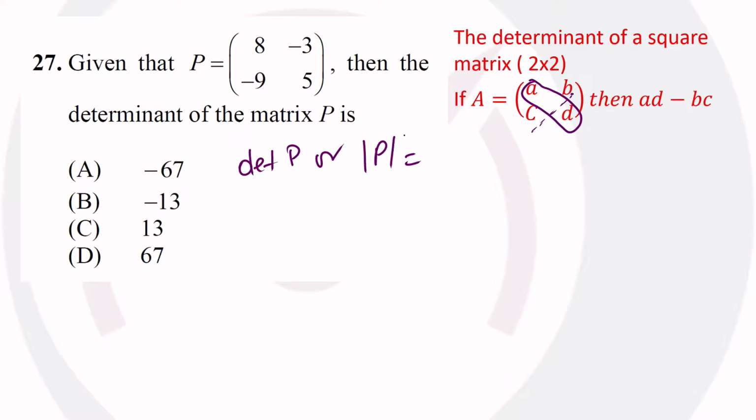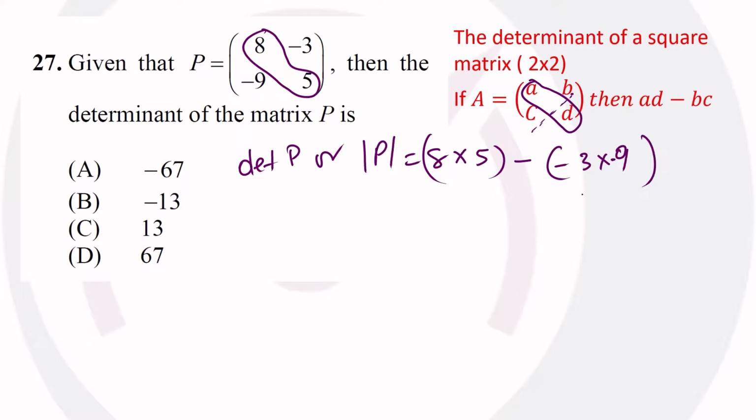Alright? So the product of our leading diagonal is 8 times 5 minus the product of the minor diagonal, which is going to be negative 3 times negative 9.